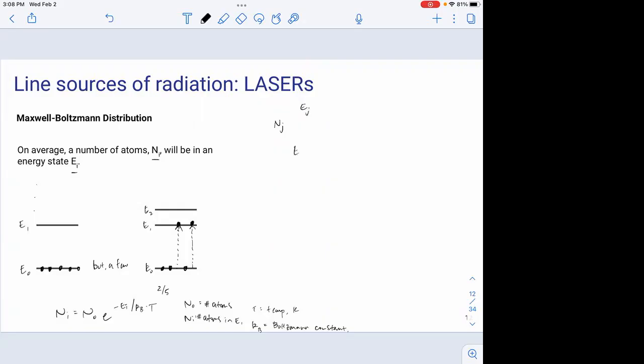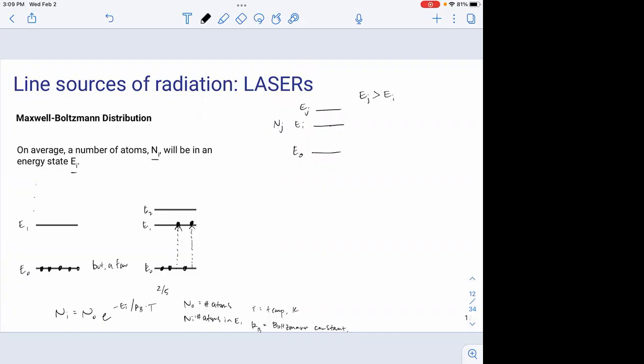Let's call this E sub j, where there was E sub I before. From this very hastily drawn diagram, you can see that the energy of that higher energy state is bigger than the E sub I that we were talking about earlier.